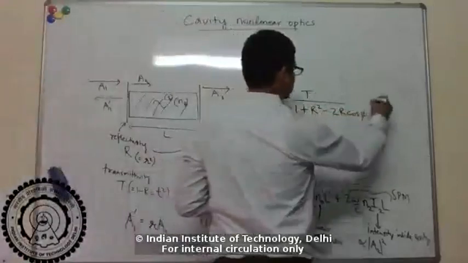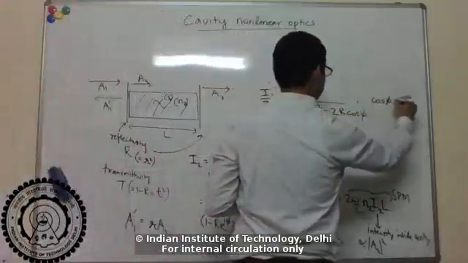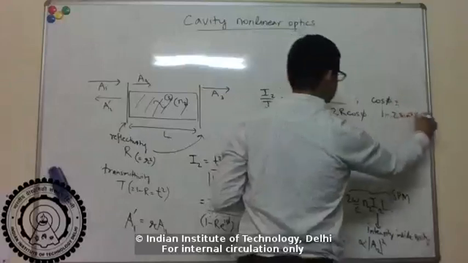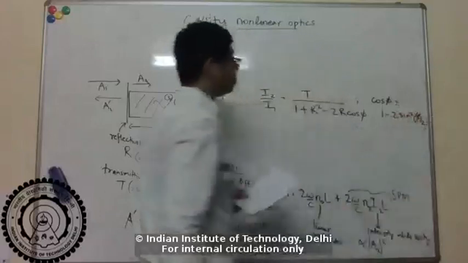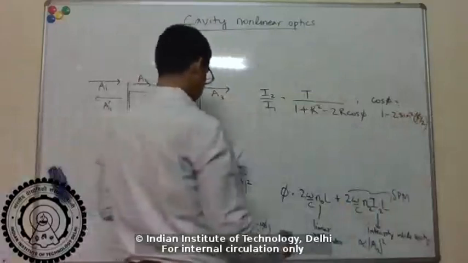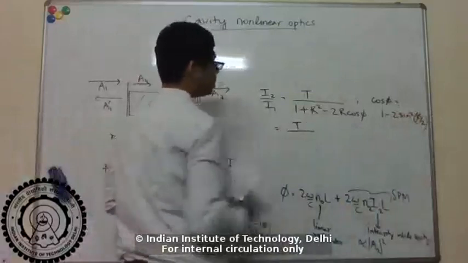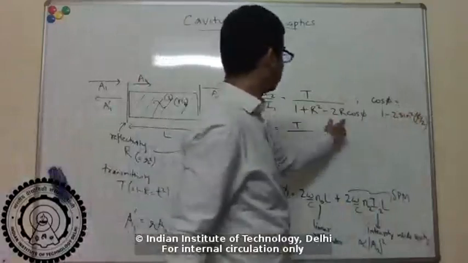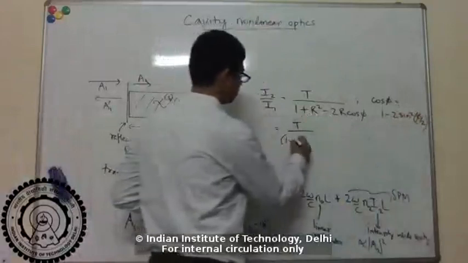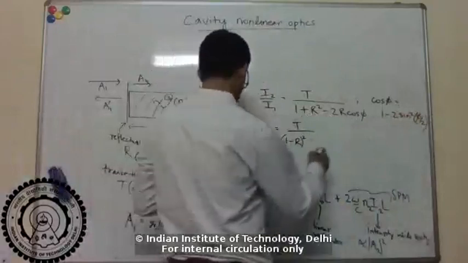Okay, and then we can use this trigonometric rule, cosine phi is 1 minus 2 sine square phi by 2. So this I can write as, from the 1 I'll get 2r here, so that will be 1 plus r square minus 2r, which is 1 minus r whole square, right?